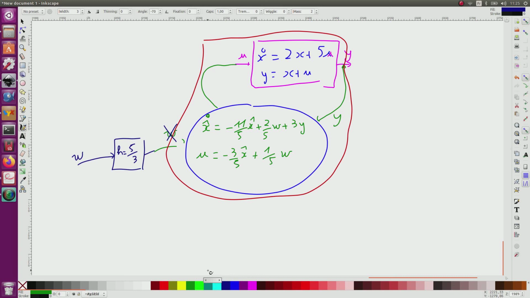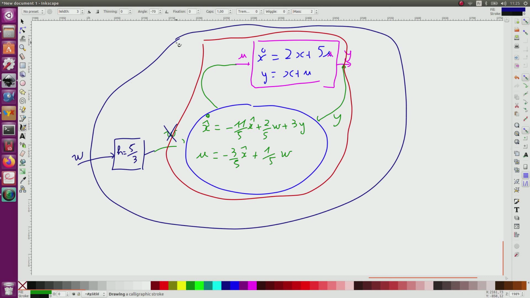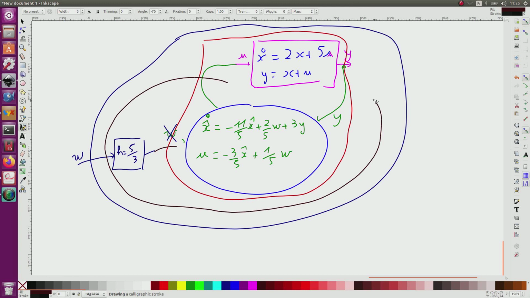My closed loop system will now be this, with a precompensator. The controller is now this. The closed loop system, so this one, is stable. The static gain between w and y is equal to 1. So it means that if I fix w to 10, then y will converge to 10, to the same value.